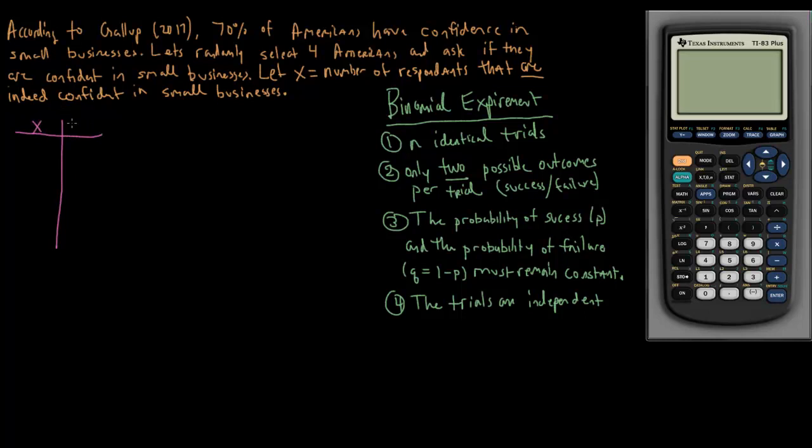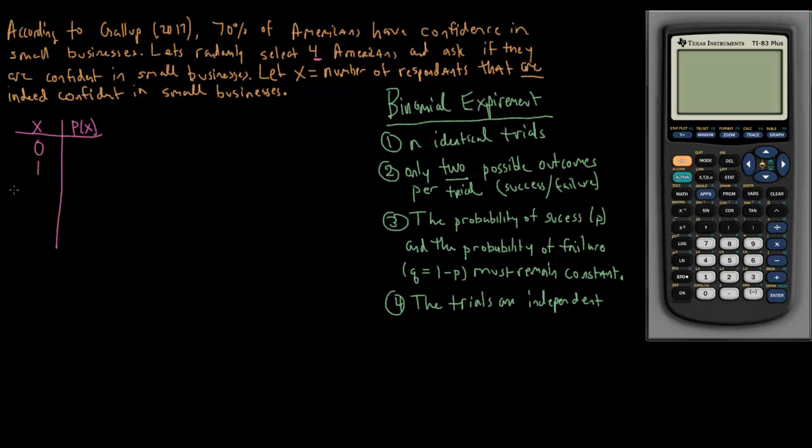So here's the outcome column, and here's the probability of those outcomes column. So we're going to ask, let's see, we said 4 people. Now, what are the possibilities? When we ask them, are you confident in American small businesses? The responses can be yes or no. So 0 people could say they're confident of the 4.